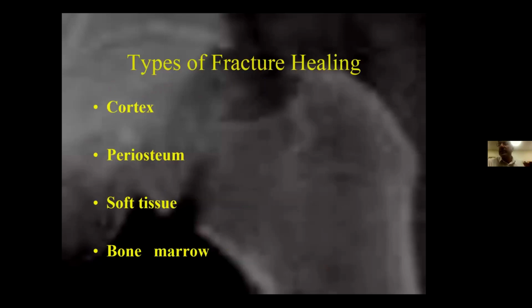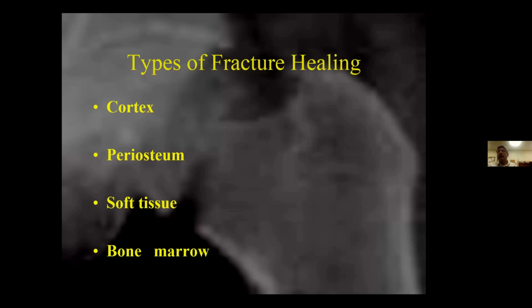The way I'll tell the examiner, or what you should say, is yes, in types of fracture healing, it depends on what part of the bone or the structures contribute to the healing. So say the types of fracture healing could be from the cortex, from the periosteum, from the soft tissue, and the bone marrow.